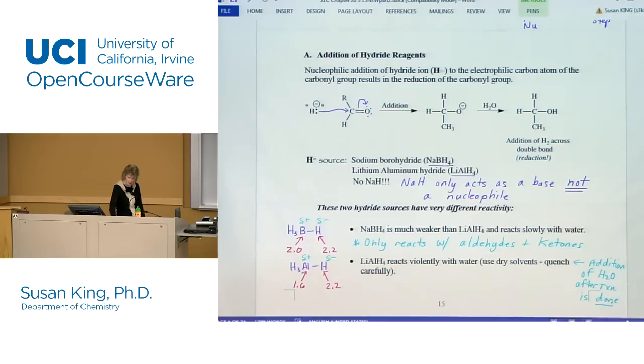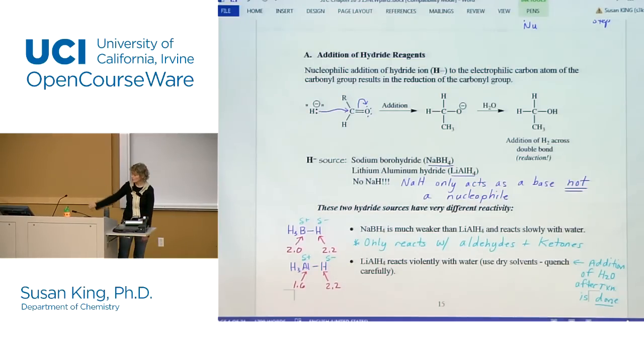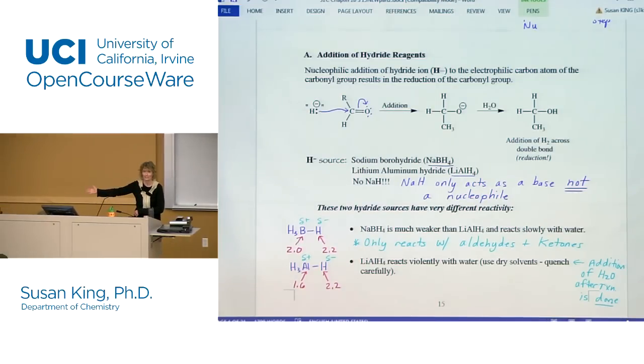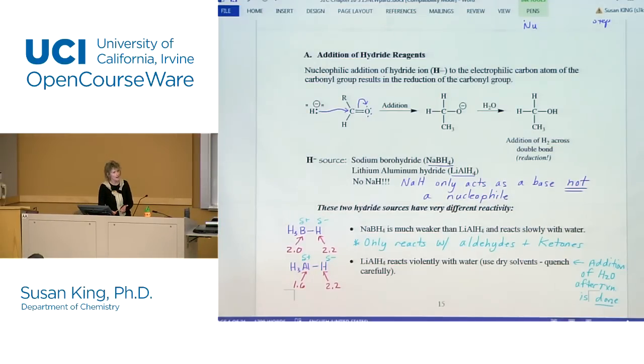I walked in, I had it going in my hood, and I lowered the lab jack to stop it because it looked like it was done. And I saw that I still had a little bit of solvent left in the bottom. I wanted to go a little further, so I rolled back up the lab jack so it was still heating, and I closed the sash, and I took 2 steps, and the whole thing exploded. I would have had my hand in there seconds earlier. So it's a very violent reaction.